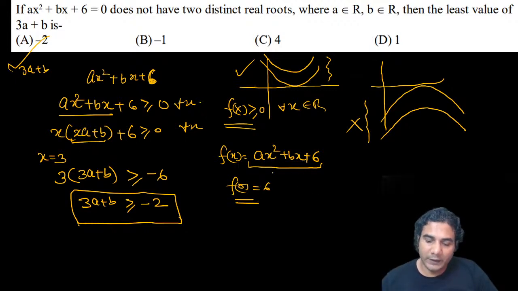It can be only always positive. It cannot be always negative because f of 0 is given 6. Got it? This case will not exist because c is positive.